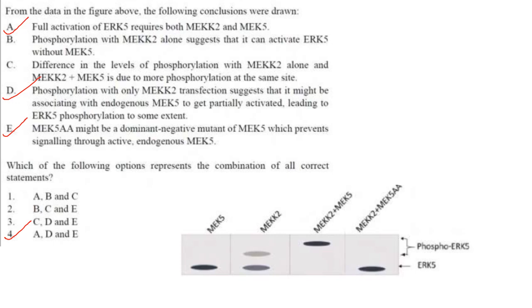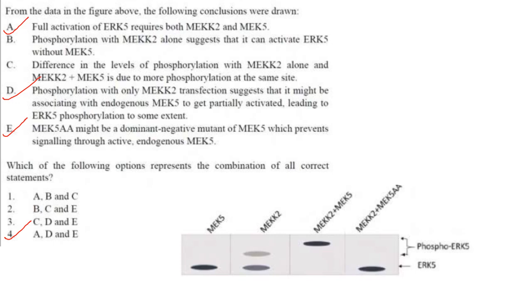Phosphorylation with only MEKK2 transfection suggests that it might be associating with endogenous MEK5 to get partially activated, leading to ERK phosphorylation to some extent. That may be a reason why you get a light band over here when MEKK2 alone is used. What they have told is that the cell you have transfected will be having some endogenous MEK5 in it.